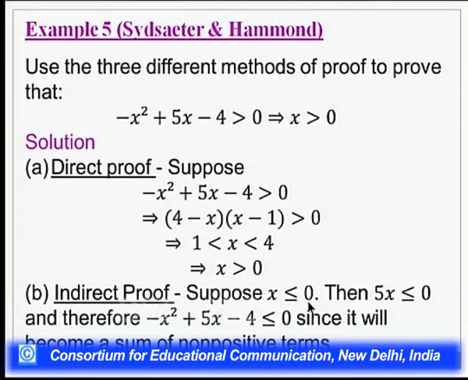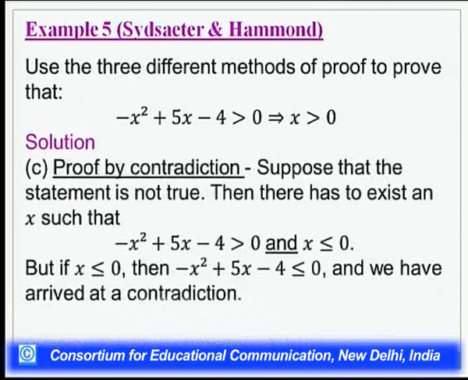But you can see here that if x is less than or equal to 0, then 5x would also become negative, and the entire expression on the left hand side of proposition P, minus x square plus 5x minus 4, will also become non-positive. So in this case, we have that not Q implies not P. Minus x square plus 5x minus 4 less than or equal to 0 is not P. So this is the case of an indirect proof.